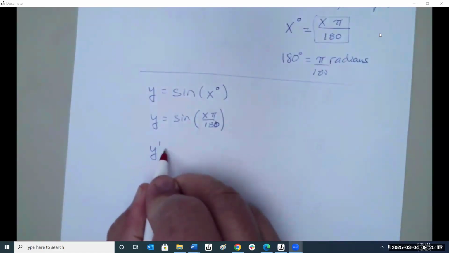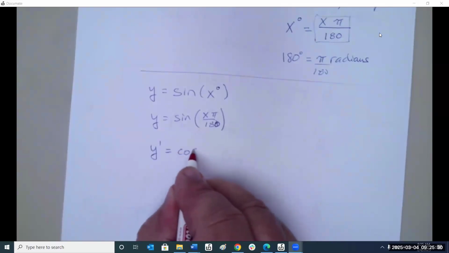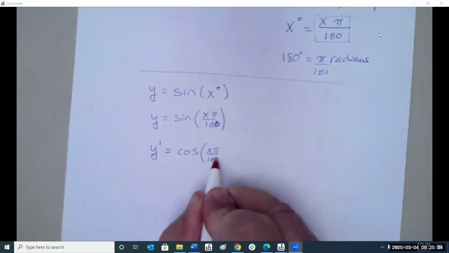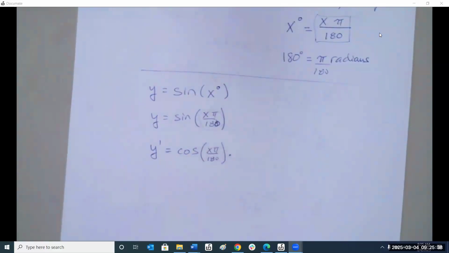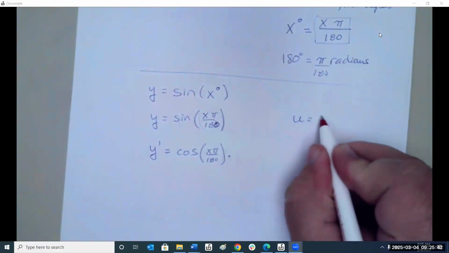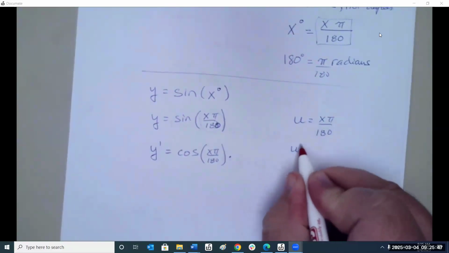So the derivative would be what? What's the derivative of sine? Cosine of x pi over 180 times the derivative of the inside. If the inside is u, x pi over 180, what is u prime?